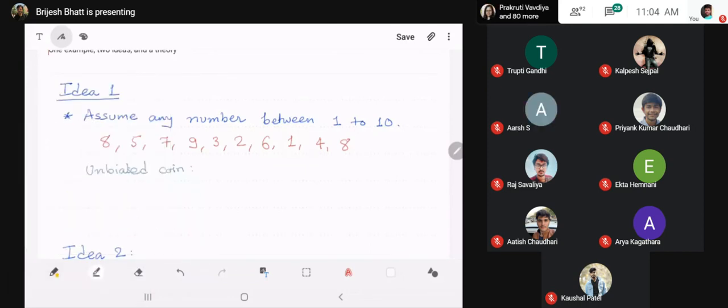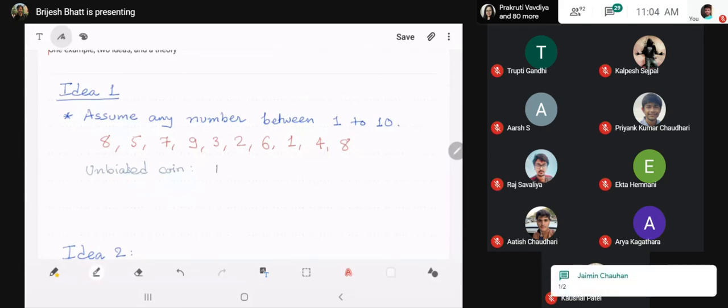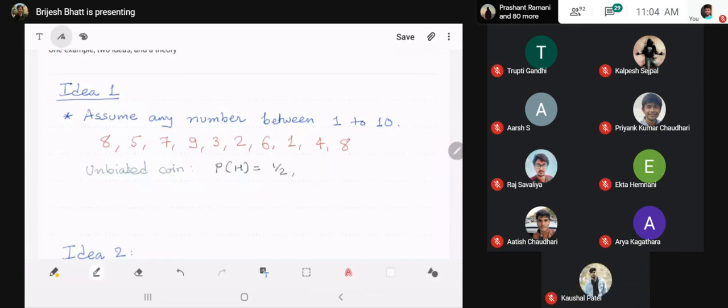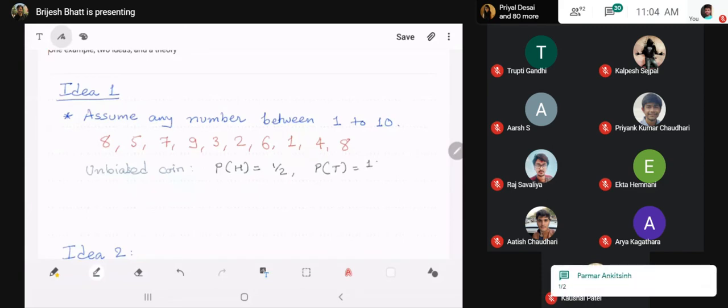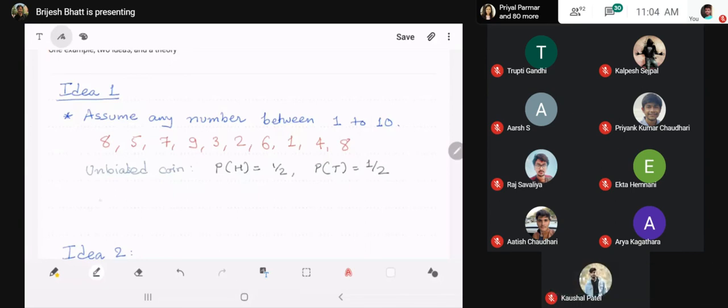What is the probability of H for an unbiased coin? 1 by 2. And the probability of tail is also 1 by 2. So let me draw a stick of length 1. And let me cut it at 1 by 2. That is half length. Let me cut it at half length and call it 1 by 2.